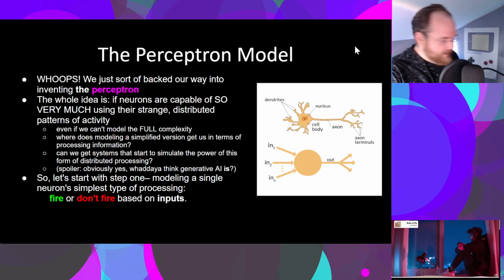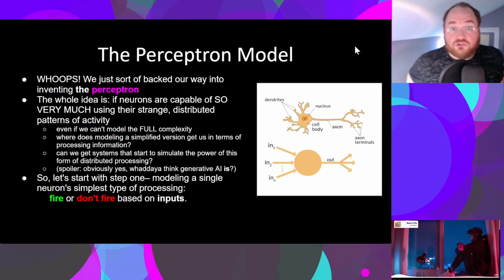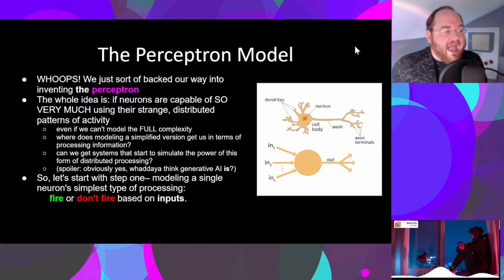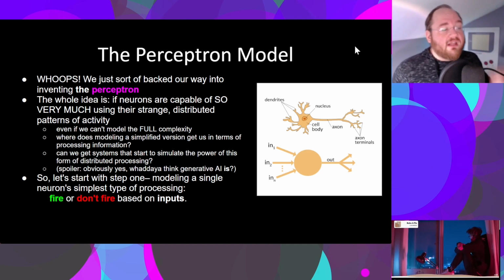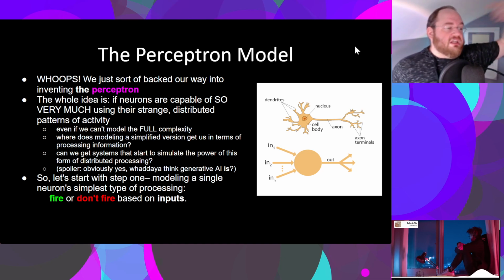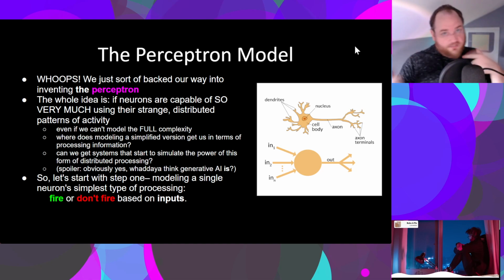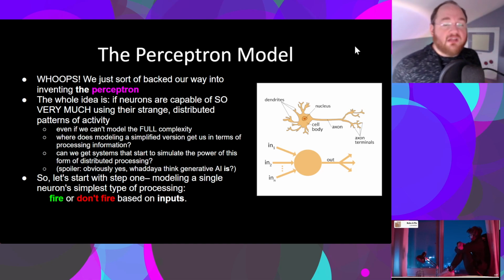This was the point. By doing a little bit of an informational sketch of how information moves in neural spaces like this, we've kind of backed into the perceptron model. So the whole idea is that neurons are clearly capable of a lot. They can say words at you like this right now, right? They can be in the world, they can move you into and out of any situation you've ever been in.